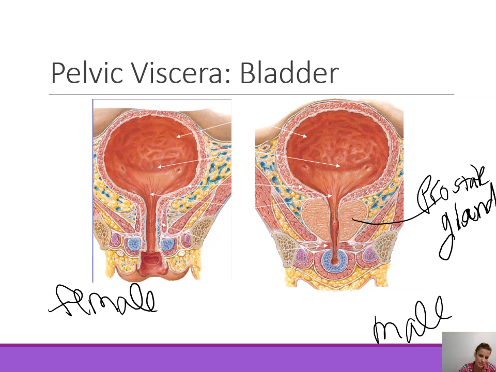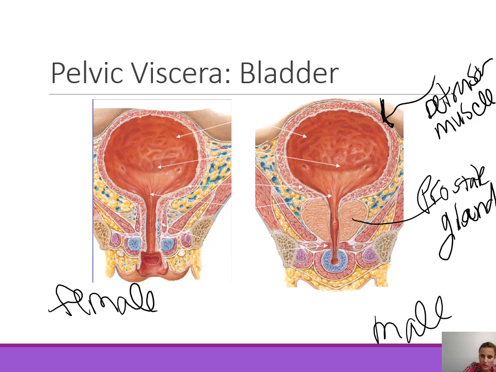And there's no prostate in the female. So you see the bladder on both sides. The bladder wall is formed mostly of muscle, and that muscle is the detrusor muscle. And the detrusor muscle is present in both.